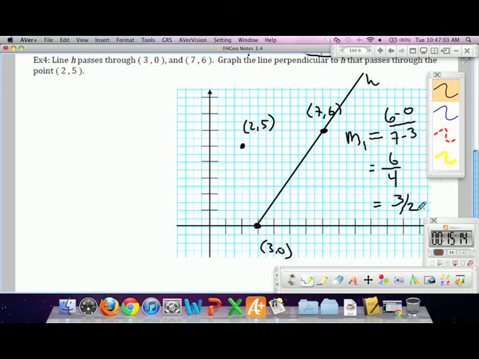The slope of H is 3/2. So what should the slope of the perpendicular line be? The perpendicular slope should be the opposite reciprocal: negative 2/3.